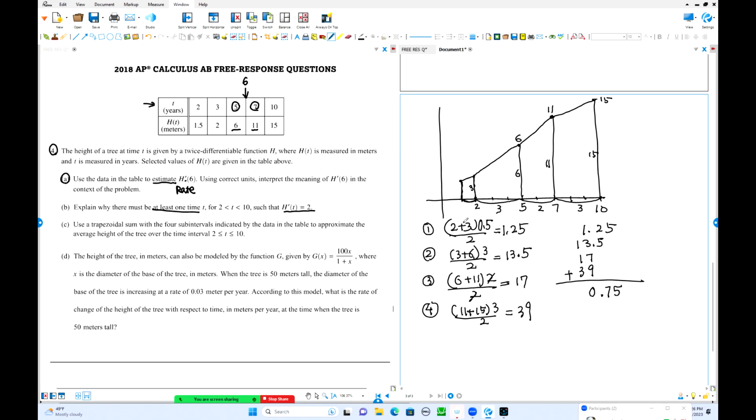The next is 2, 1, 2. Let me see. 2, 3, 5, 7, 2.